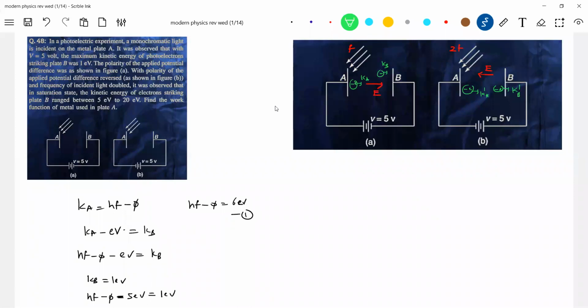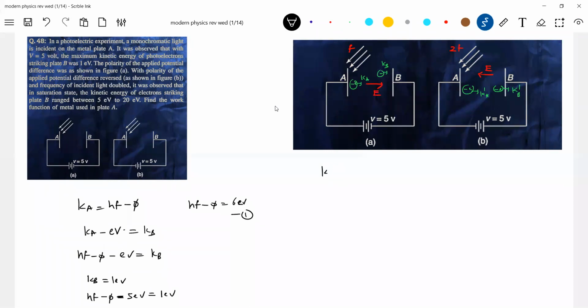So can we make a guess of maximum Ka dash? Some will be ejected with 0 kinetic energy, no? And some will be ejected with 15 electron volts, so by the time it reaches here it will become 20. So I'll do one thing. Let me write the equation.